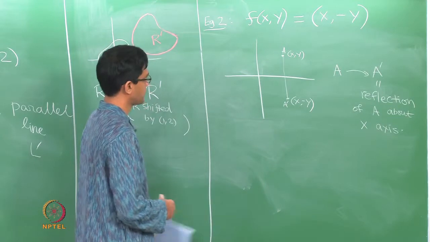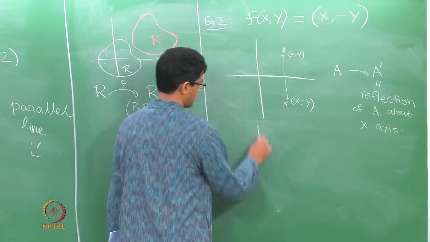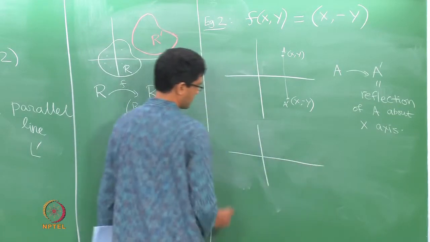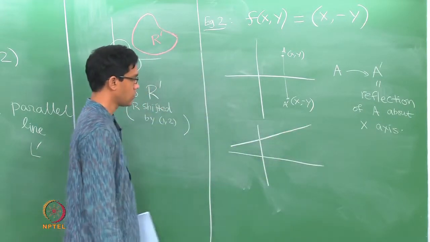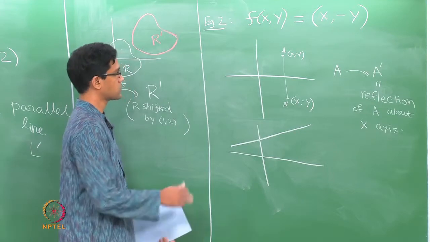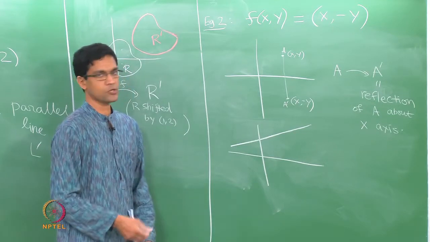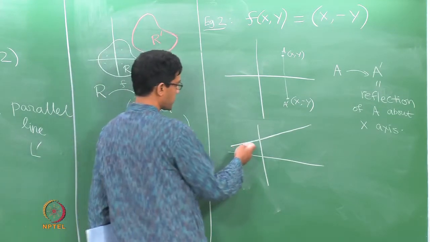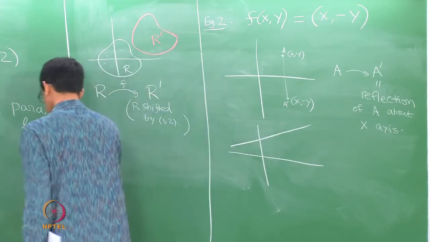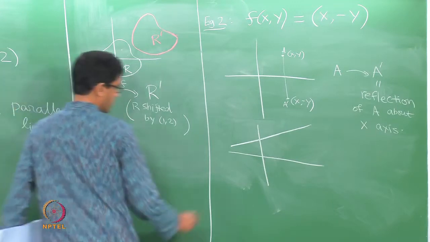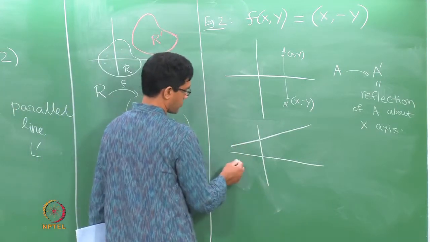Okay. So again, similarly, if you have say a one dimensional subset, say I have a line in R2 and I want to know how does this function transform this line, what does it do to this line. So I just see what it does to each point of this line. Well, similarly, it reflects each point of this line about the x axis.